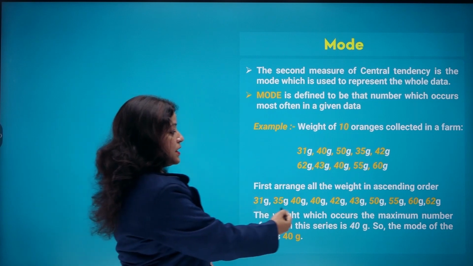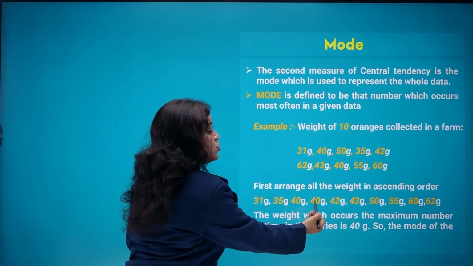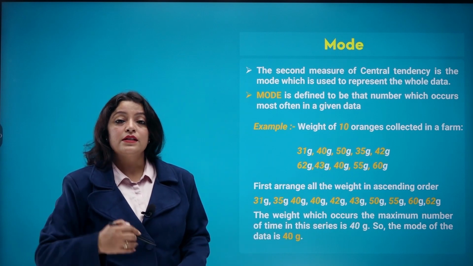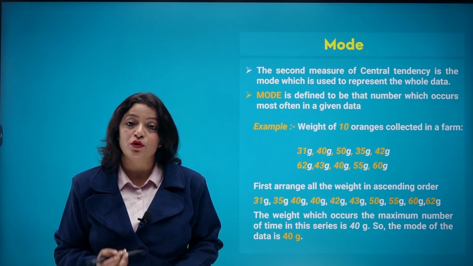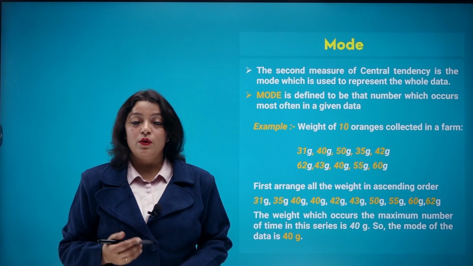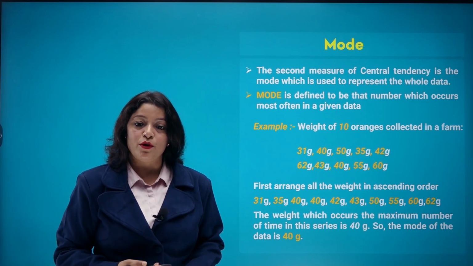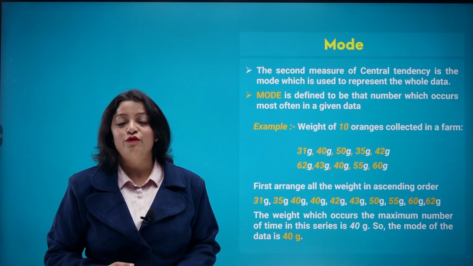Now we see that 40 grams is repeating 2 times, right? It is twice repeated in this question. So what is the mode of the data? It will be 40 grams. The weight which occurs the maximum number of times in the series is 40 grams, and so we say the mode is 40 grams here.